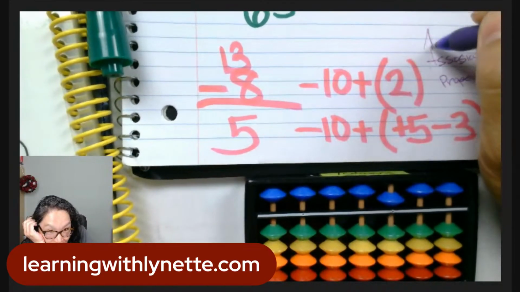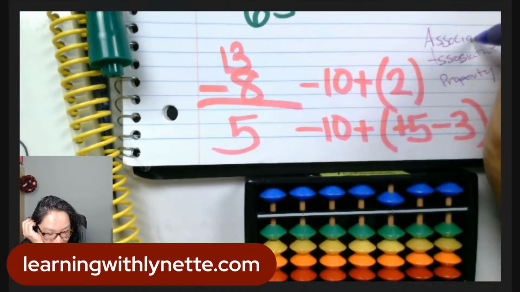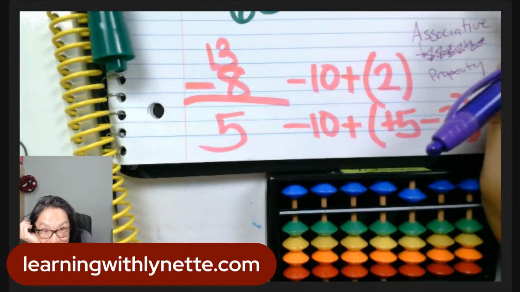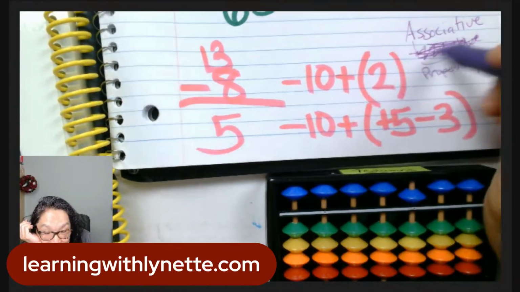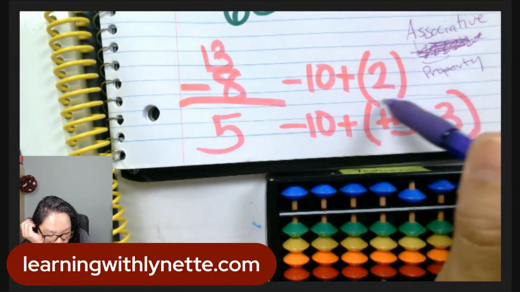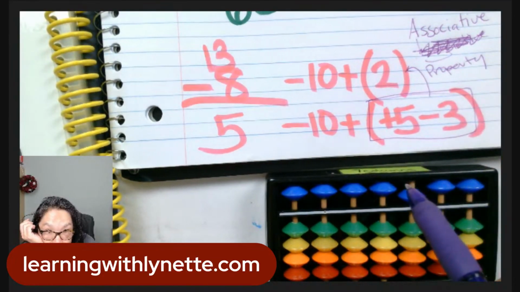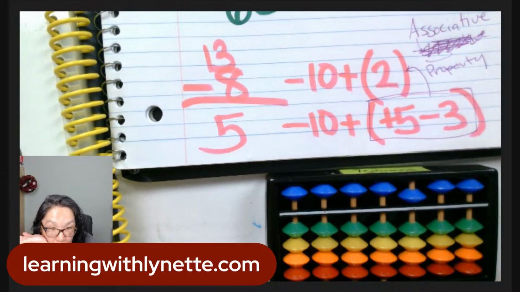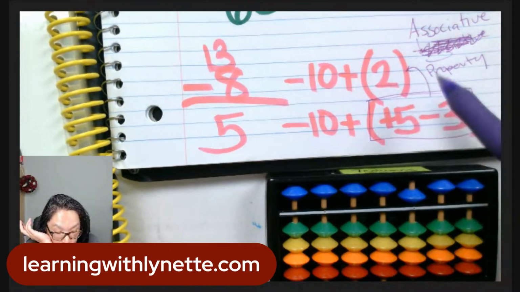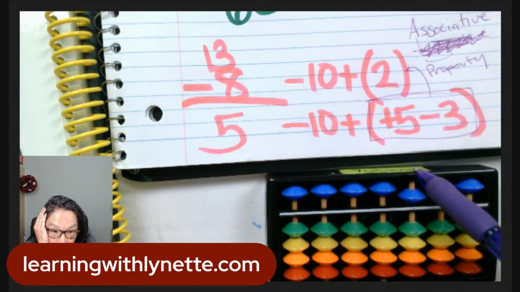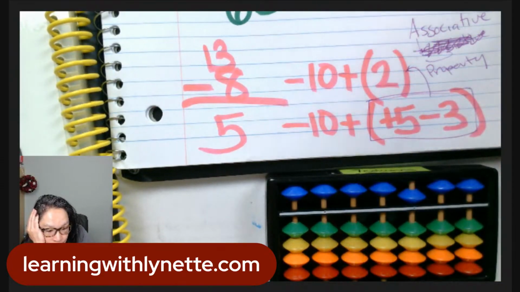Associative. There we go. I should have changed the C to an S. I think this is what we call associative property. We take this information and we pop it into here. Because in the abacus world, we don't have math terminologies. So I think we're doing that.